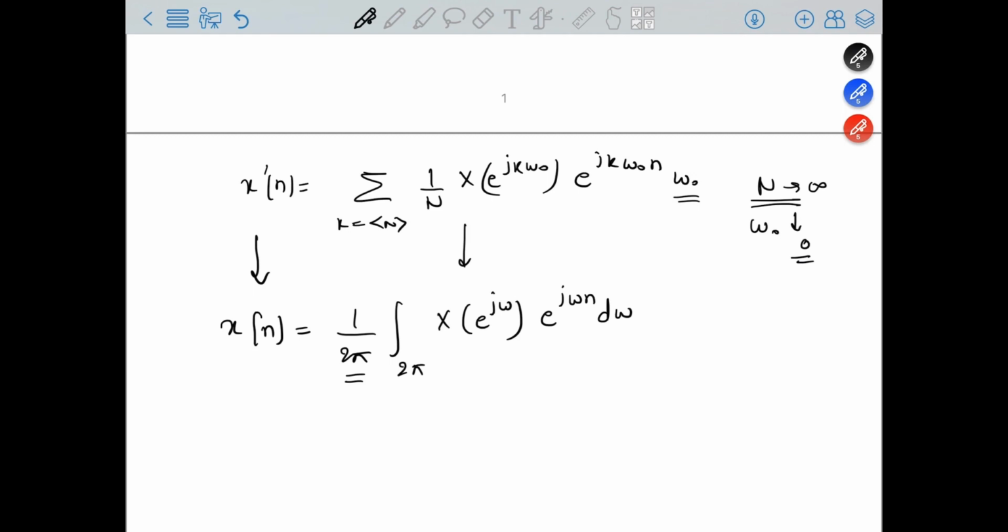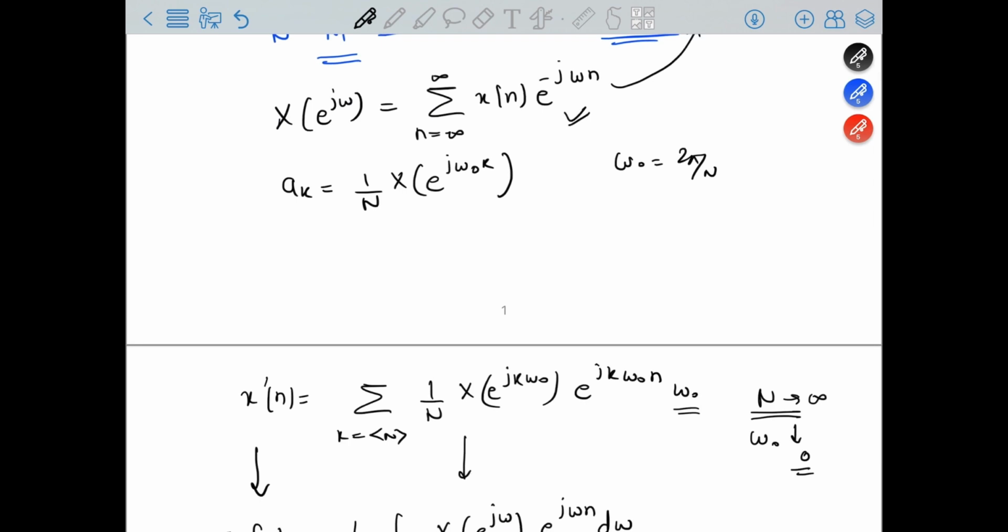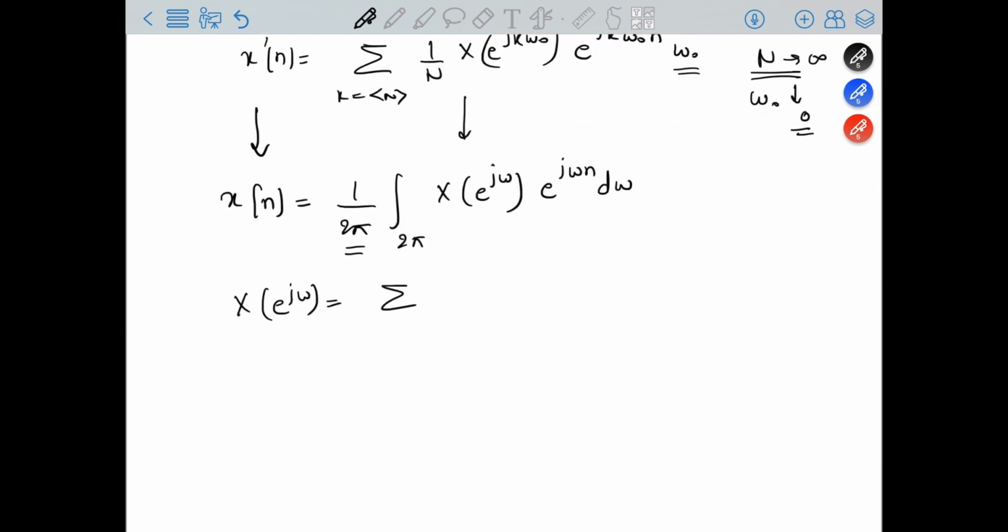And the other form is X e raised to the power j omega, which we have already shown in this form, can be represented as summation of xn e raised to the power minus j omega n, with n varying from minus infinity to plus infinity.